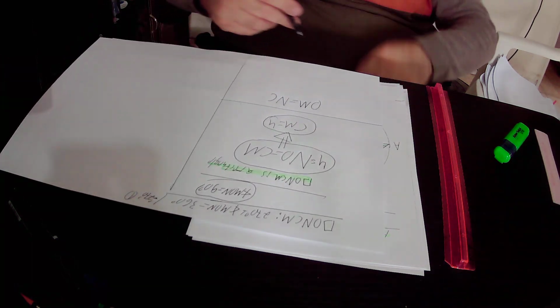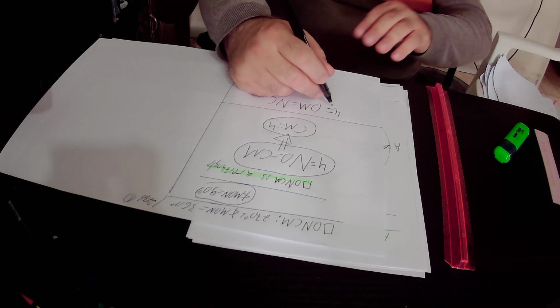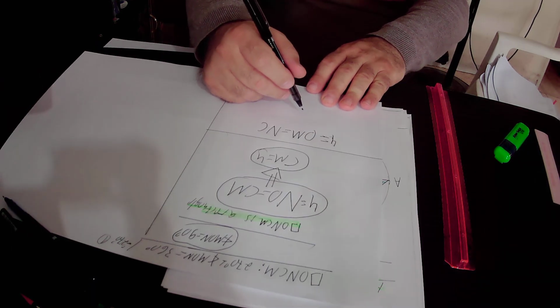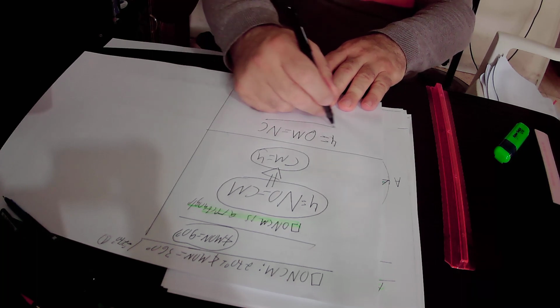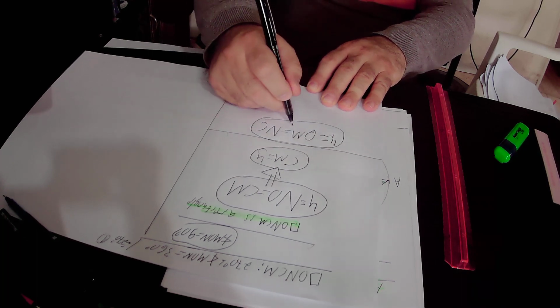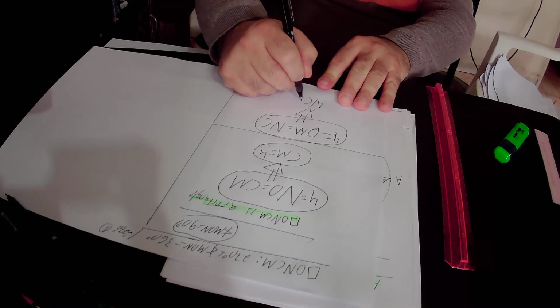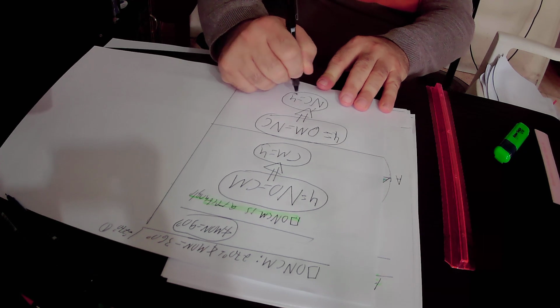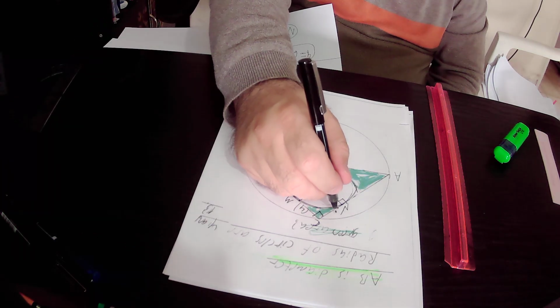So OM equals 4 units. And from this equation, 4 equals OM equals NC, we will derive that NC is also equal to 4 units. So here NC equals 4 units.